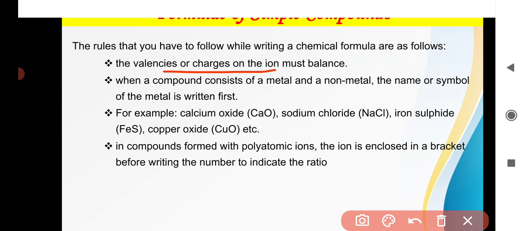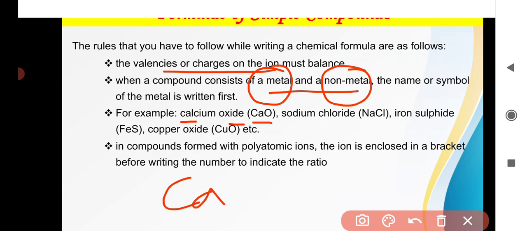Then, for a compound consisting of metal and non-metal, you write the metal name first and then the non-metal name. For example, CaO is calcium combined with oxygen, and it forms calcium oxide.